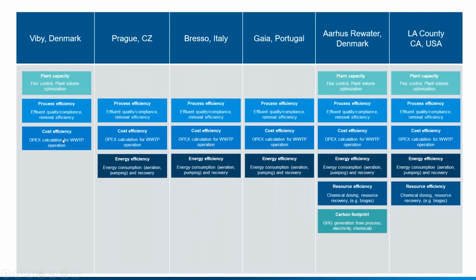And then you can see that energy is typically important. Plant capacity, like we talked about for VB, is also sometimes important. But then you can see the bigger implementations like Aarhus Rewater, where there are high aspirations, and also LA County, they tend to focus on resource recovery and carbon footprint, and also the Sustainable Development Goals.